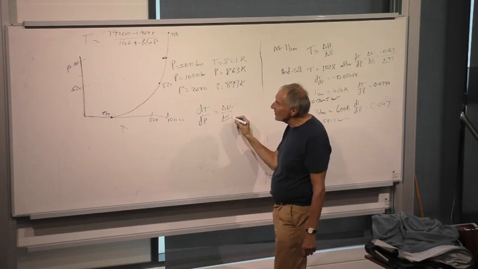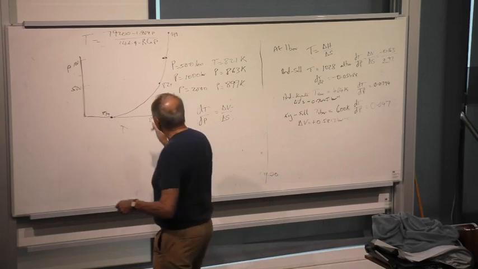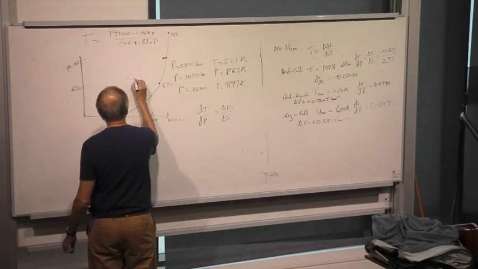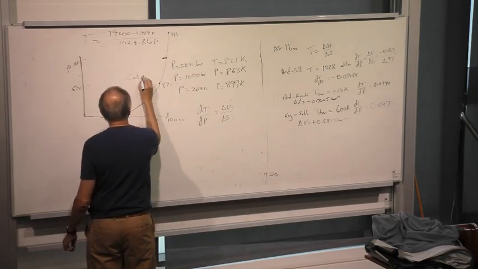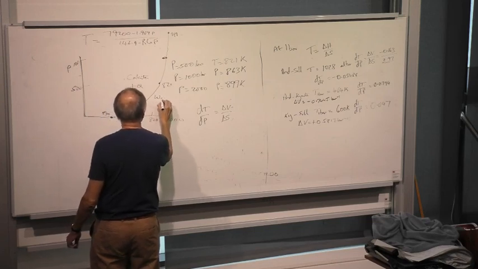But delta S isn't changing very much. That's why you get this strong curvature. And so this is calcite plus quartz, and this is wollastonite plus CO2.